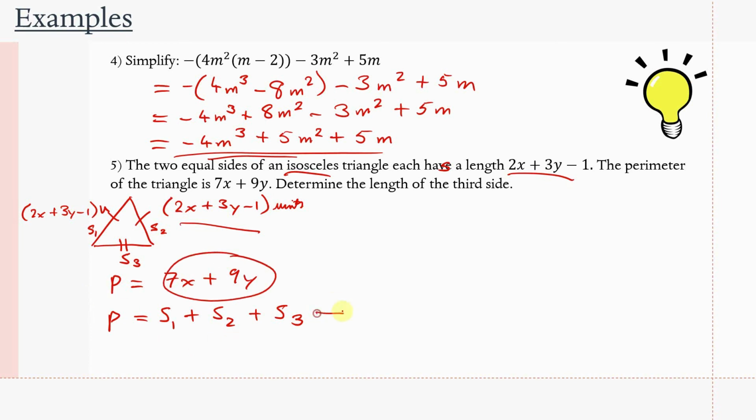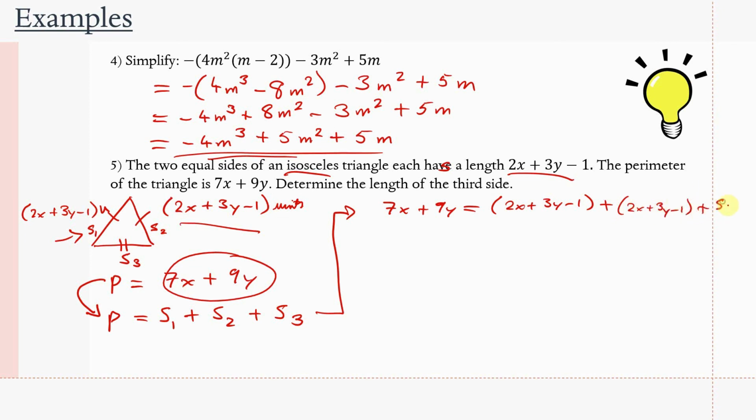So if we substitute all that in, we get 7x plus 9y on the left side, the perimeter, equals side 1 over here, which is 2x plus 3y minus 1. Then we have side 2, which is the exact same thing, plus 2x plus 3y minus 1.